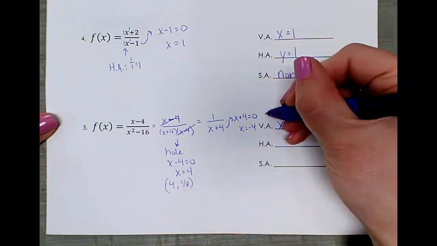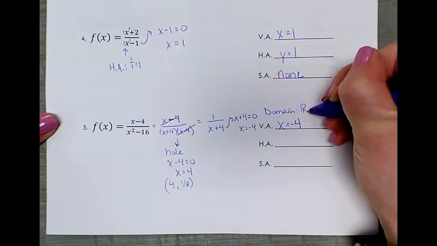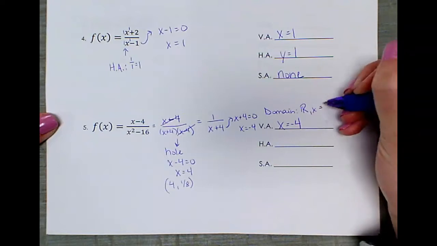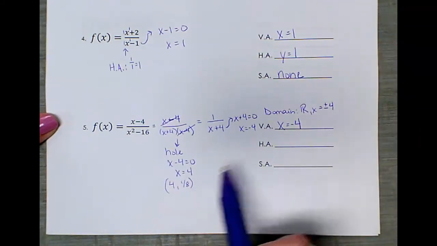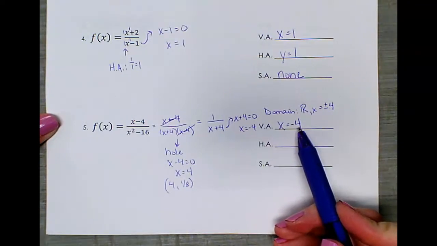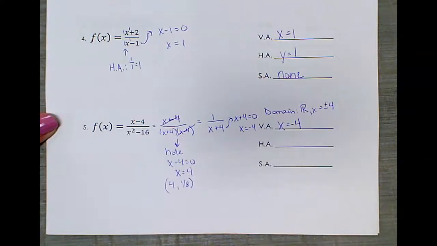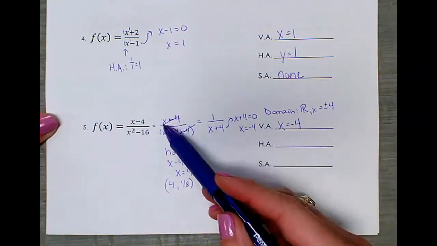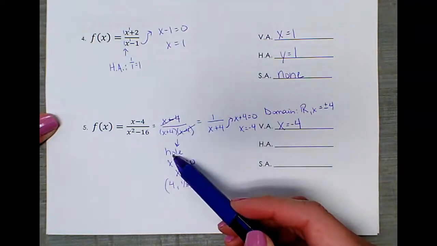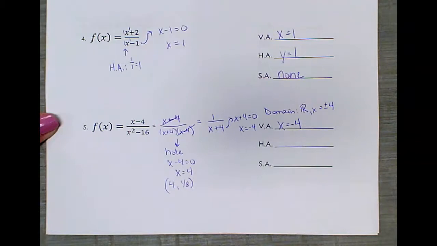And together, we would write the domain as all real numbers except x is not equal to positive 4 or negative 4. Because at positive 4 there's a hole and at negative 4 there's a vertical asymptote. So if you're wondering why we use 1 for the hole and 1 for the vertical asymptote, they're both taken out of the domain, but the ones that have the common factors, that's where the hole is. What's left over, that's where the vertical asymptote is.